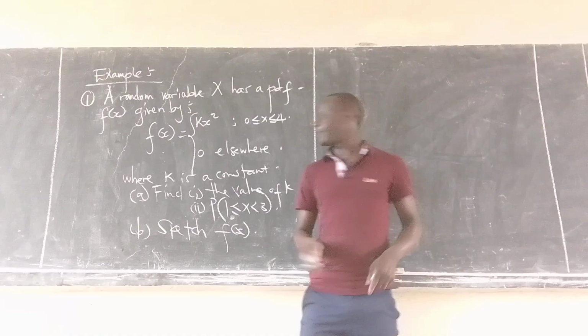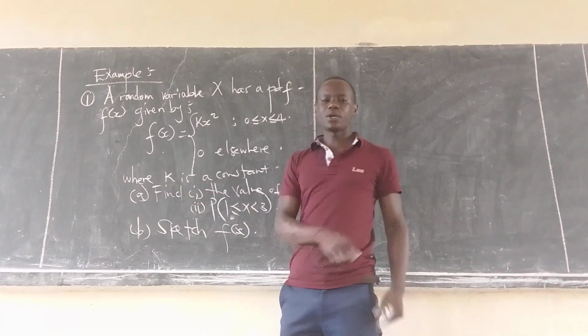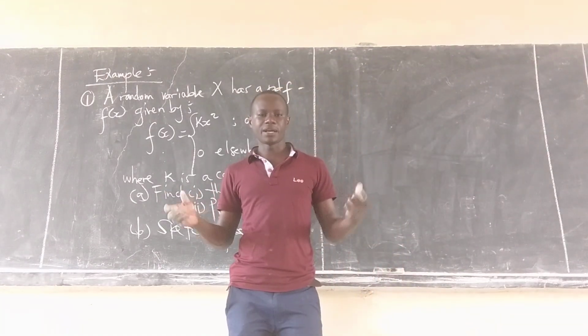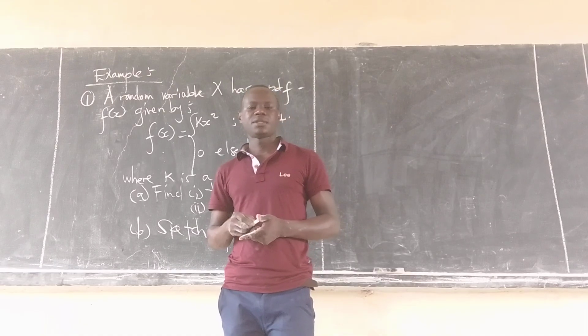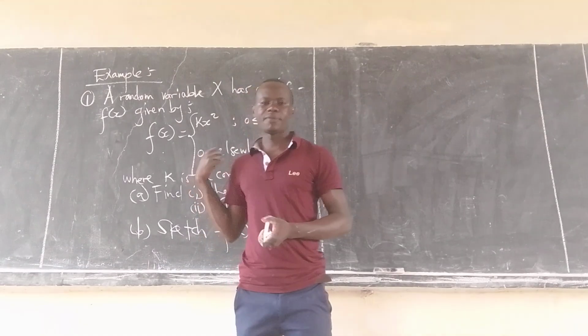Now we said that if you want to find the value of any unknown for continuous random variables, there is a property of the PDF.